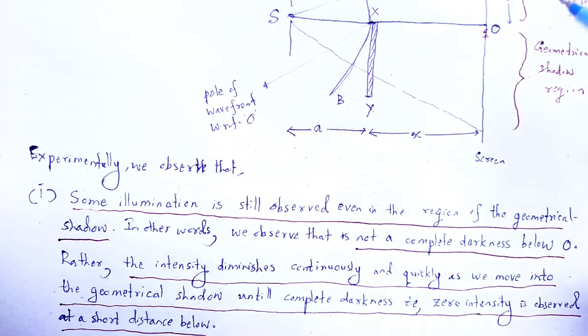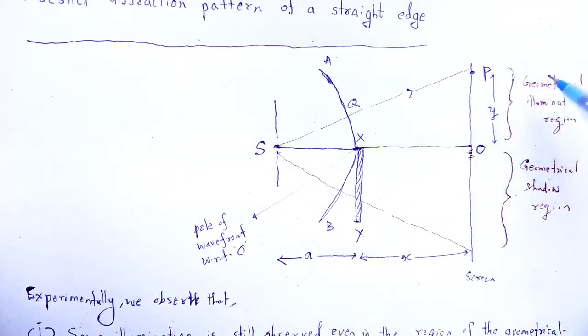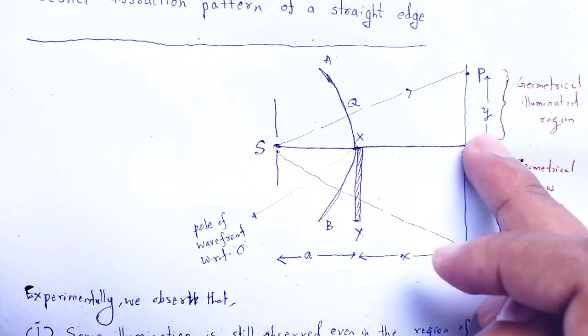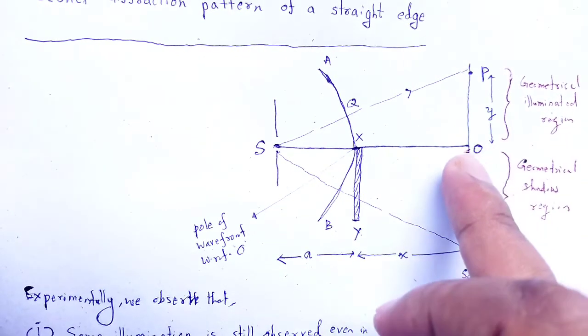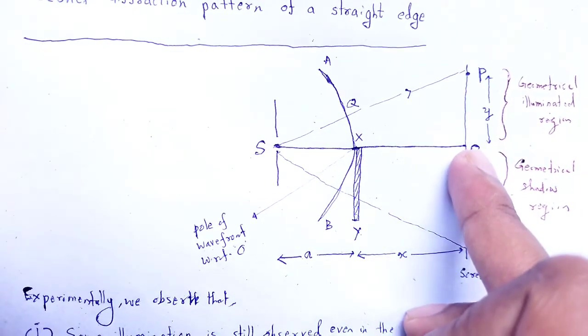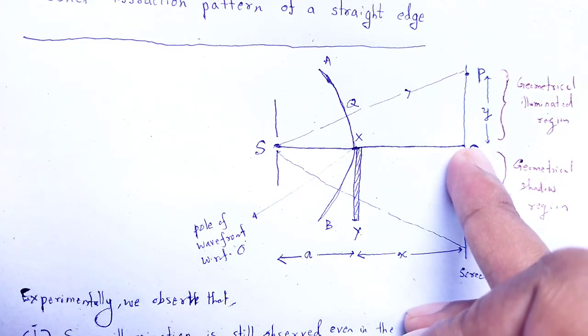Next, above the point O is the geometrical illuminated region. What happens there? The intensity in the region just at point O is not uniform.